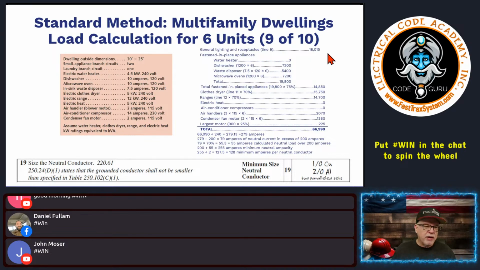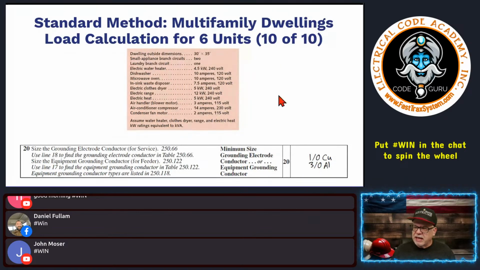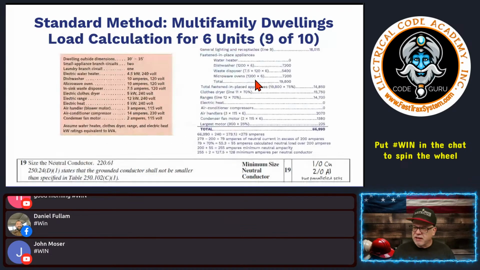Okay, sorry. So it's the total amount of general use and general lighting, everything for the 6 units. And we came up with 1 aught under the neutral calculation right there.